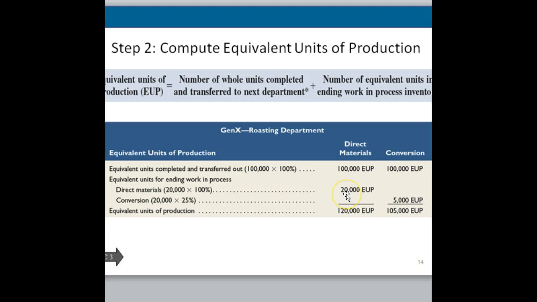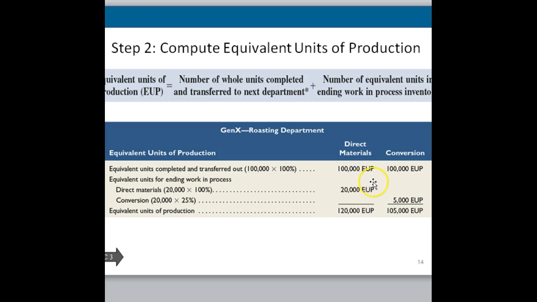So that's worth 20,000 equivalent units of production. But the conversion only had 25% completion in there. So that's like saying, I have 20,000, but they're only 25% complete. So equivalently, I could say there's 5,000 units worth of costs out there, not physical, but worth of cost.